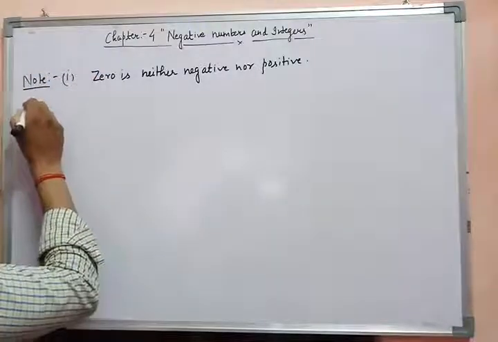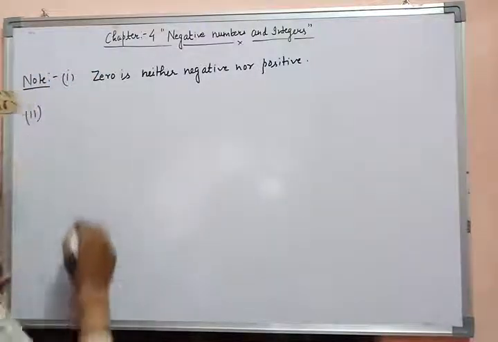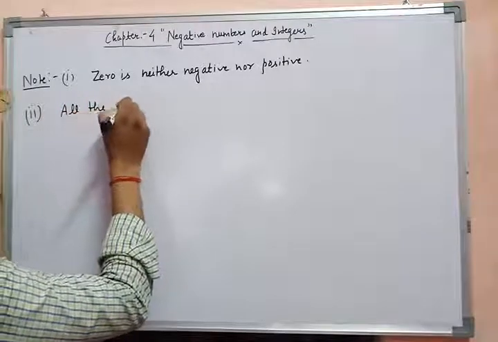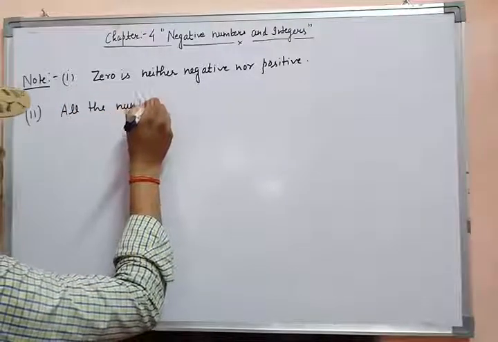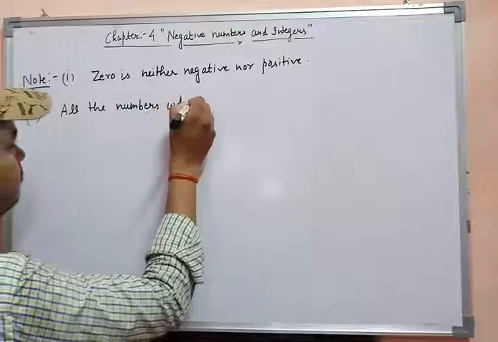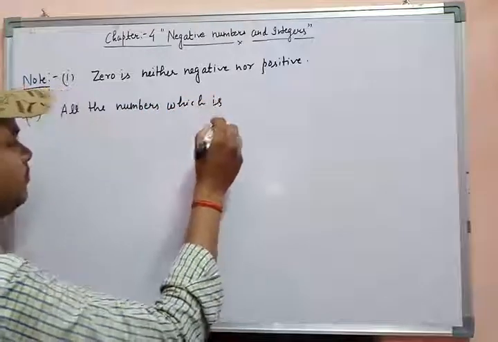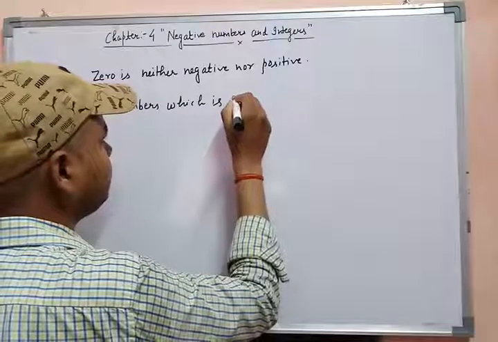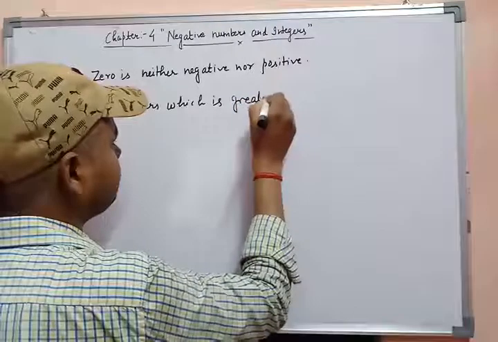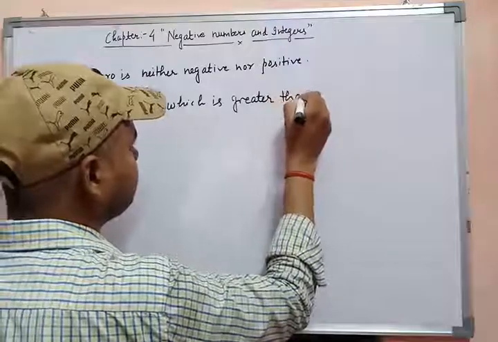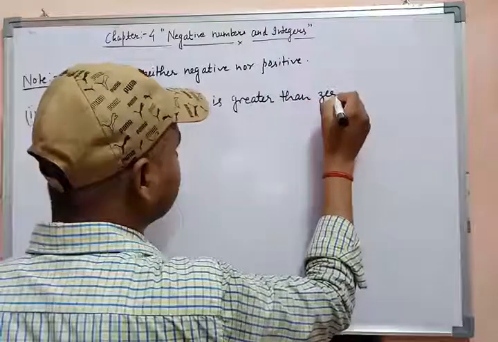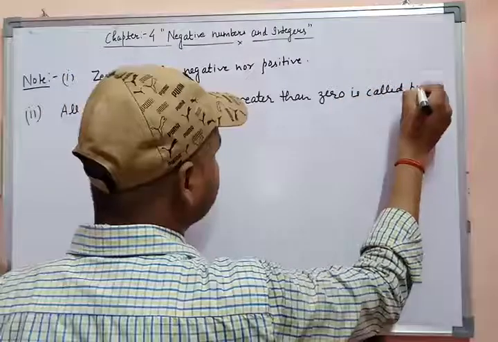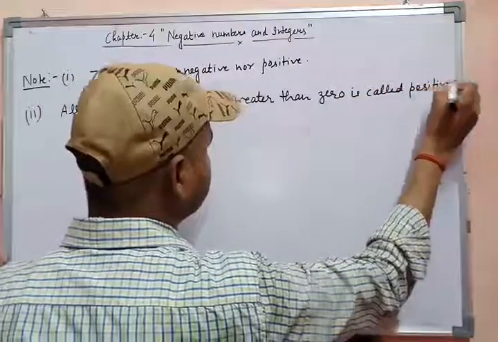Second point is, all the numbers which are greater than 0 are called positive numbers.